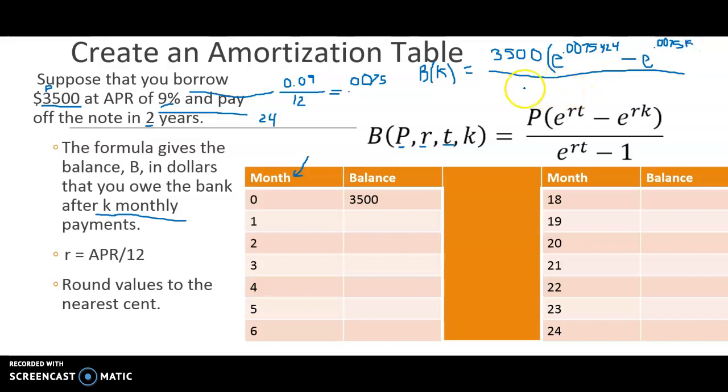In the bottom of our fraction, we again have E, we have R, we have T, and then subtract 1. So we have filled in our values all except K, which is our variable.